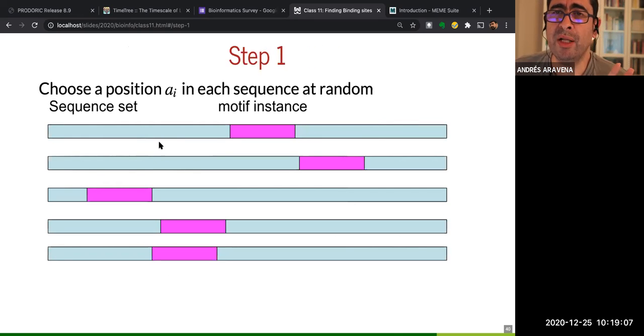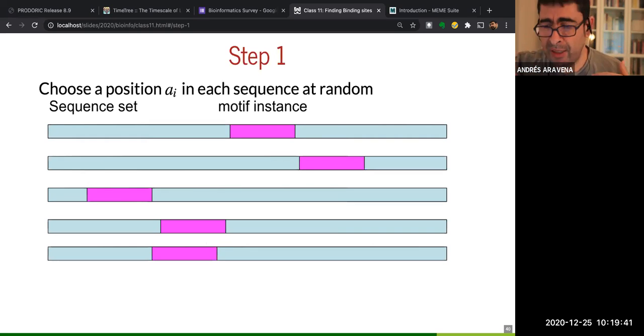This is a method called Gibbs sampling, and it's very crazy because it's very random, but it still works. These are the upstream regions in light blue, the regions where you are going to find the motifs. You have no idea where they are, so whatever you choose will be fine. You choose something randomly, and this will be very bad, of course, but it's enough to get your data.